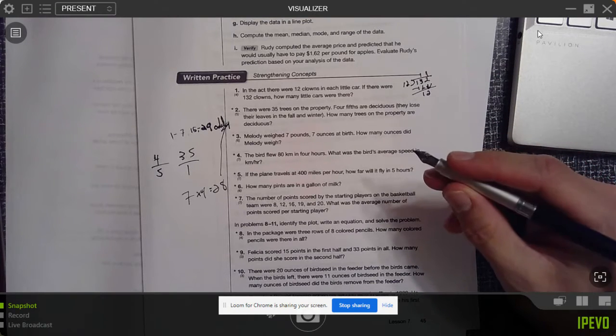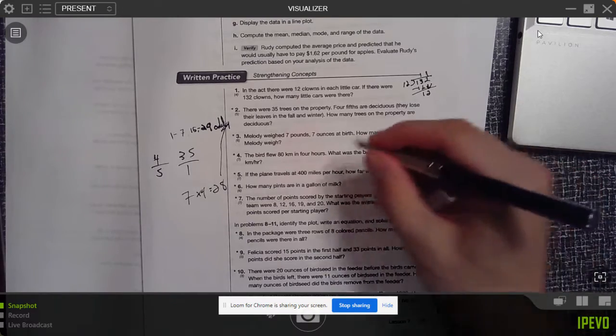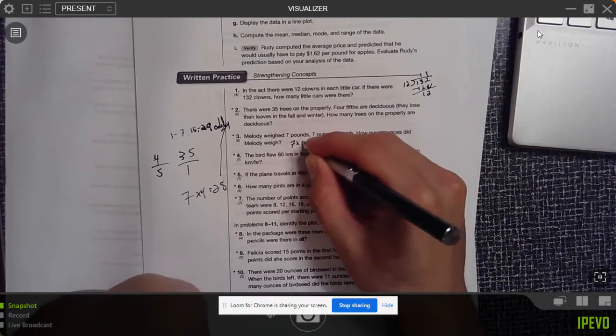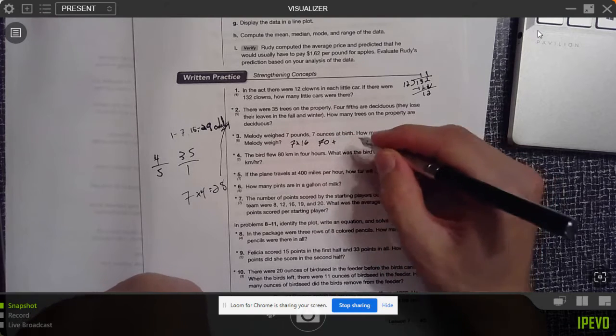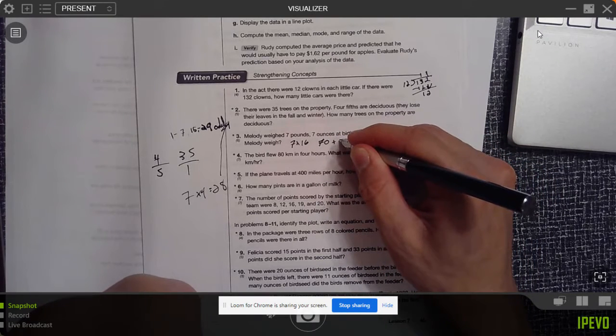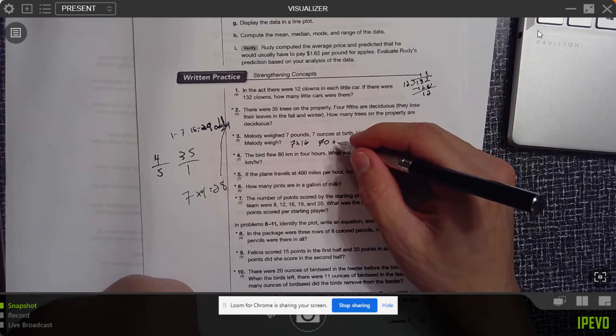So he was a preemie. So here we're going to do 7 times 16, which we can also look at as 70 plus 6 times 7, which is 42.